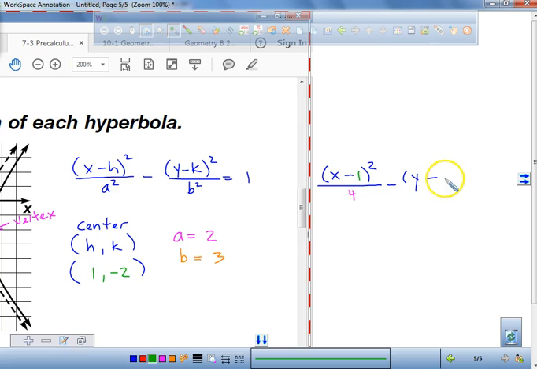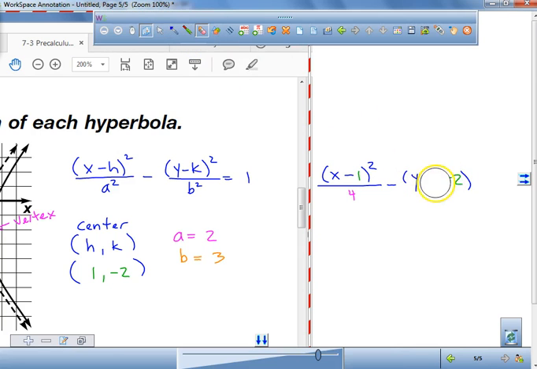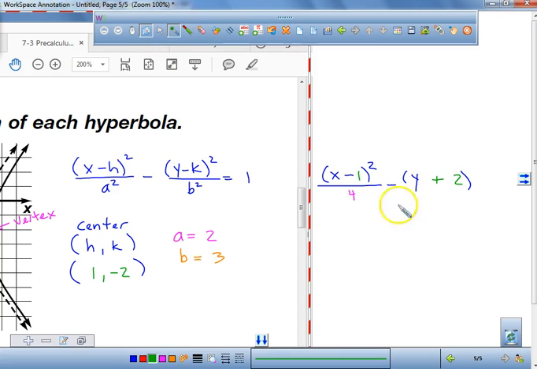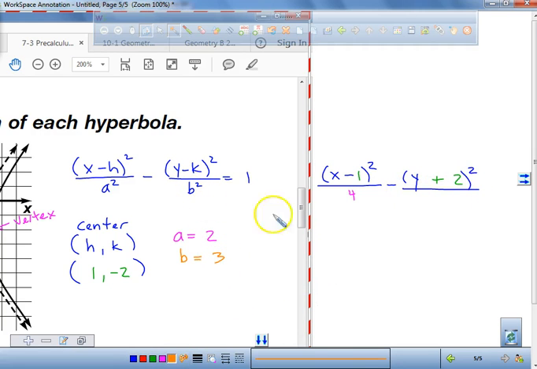So if I plug in a negative 2 right there, what's going to happen? We're not going to put minus and minus. What are we going to do? Yeah, just change it. Just put a plus. And then square it over our B value squared. What's our B value squared? 3 squared, which is 9. And then you say equals 1.